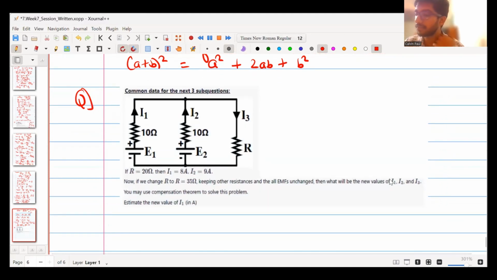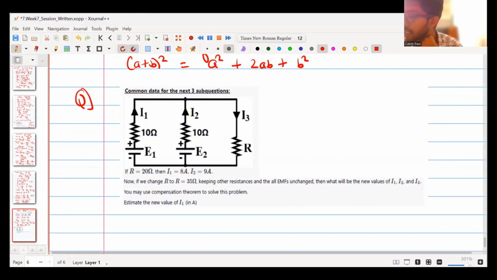Okay, so we have to use compensation theorem for this. So what is compensation theorem? Does anyone know? No, sir. No one knows. Sir taught, right?